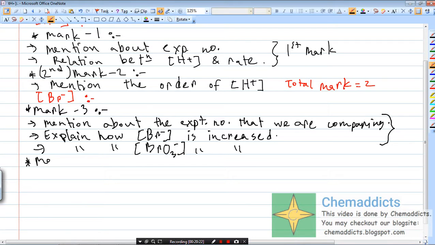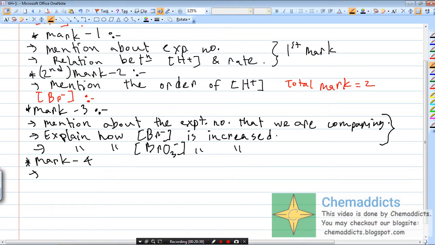Well, now let us move on to the fourth mark. Here is the fourth mark. The relationship between the rate and bromide and bromate.